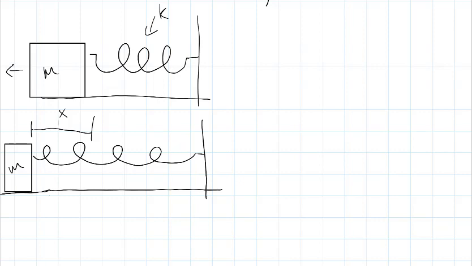So at this state, we have our potential energy that has increased. Our potential energy at state 1 is equal to 1/2 kx squared. And let's call this system at rest here, which means our kinetic energy at state 1 is equal to 0.